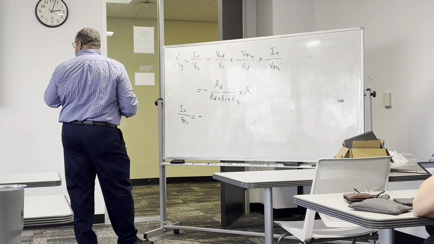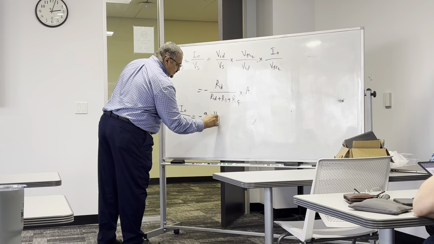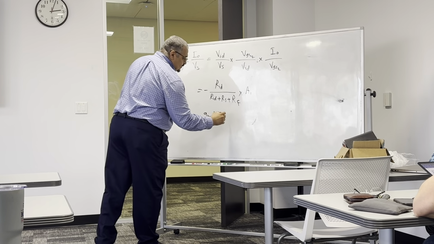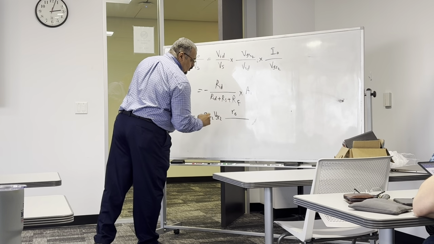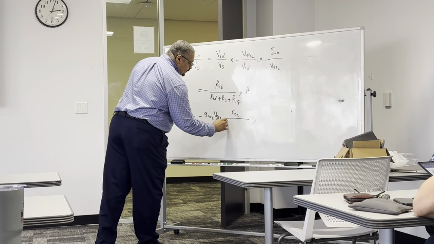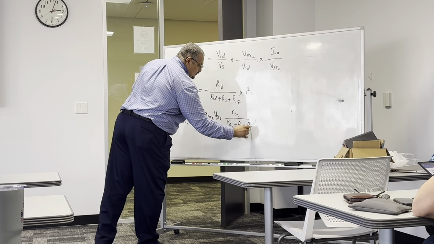of the current, which is GM2 VGS2, VGS2 cancels, exactly, times RO2, if we consider it, divided by RO2 plus RL plus RF.